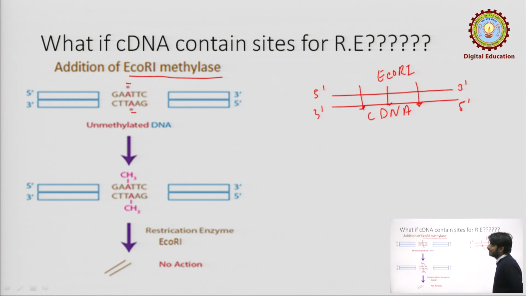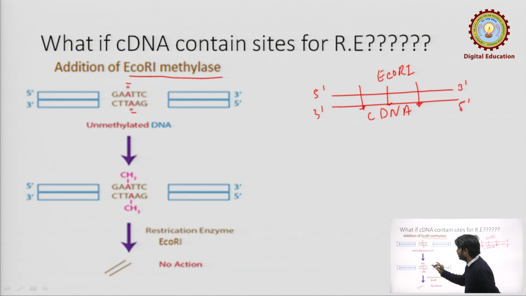So if it contains the restriction site for EcoRI and it gets methylated, the restriction enzyme will not cut the methylated part, it will only cut the non-methylated part. That is how we avoid the cutting of our complementary DNA by EcoRI during the cDNA library preparation.